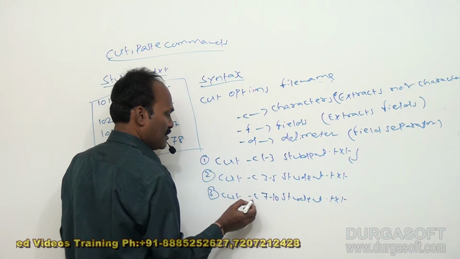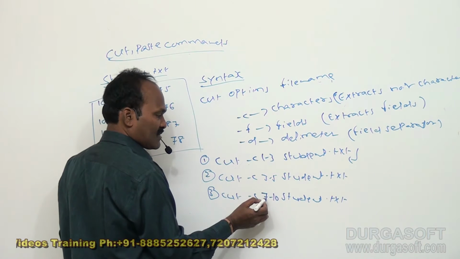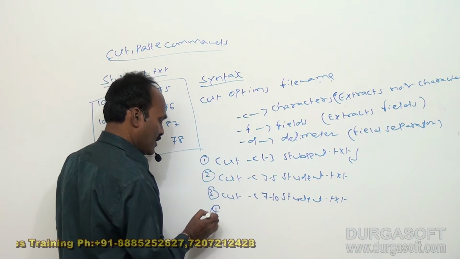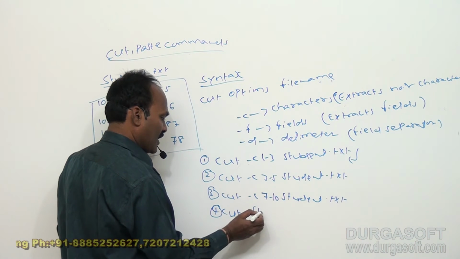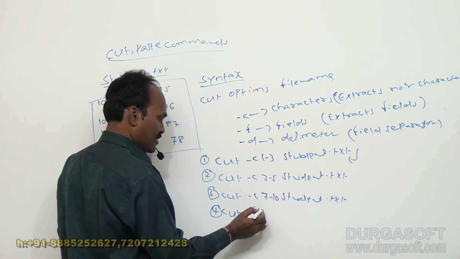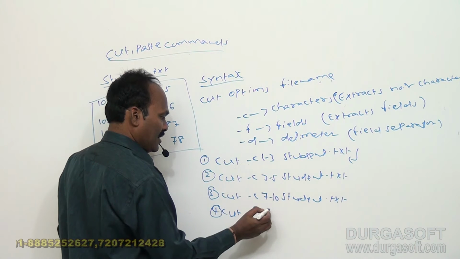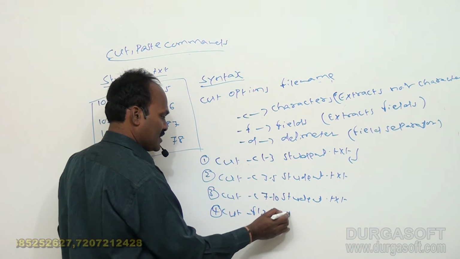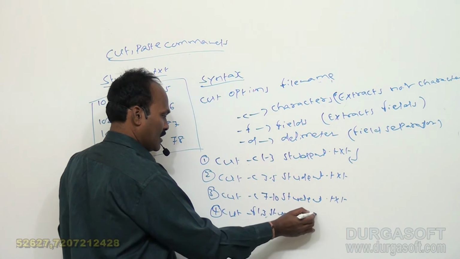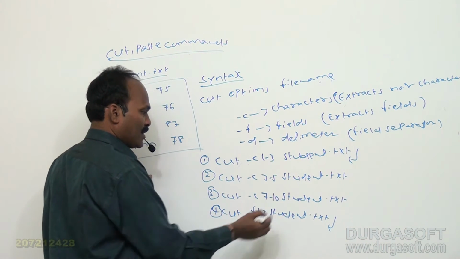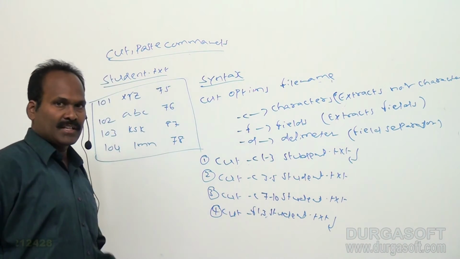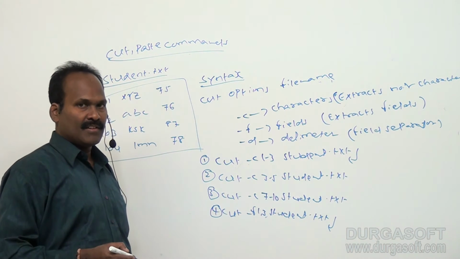Now this is going to extract characters from 7 to 10. Another example, cut -f 1,3 student.txt. So from the student.txt file, the first field and third field will be extracted.